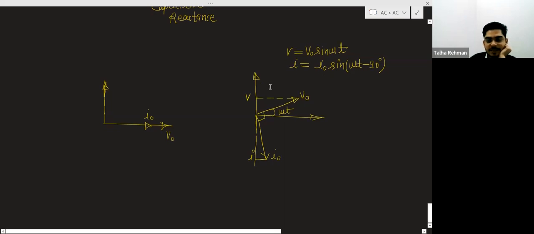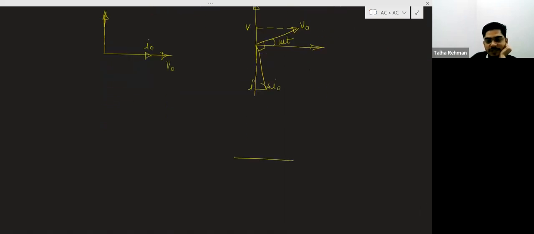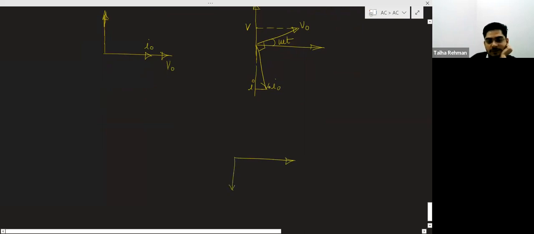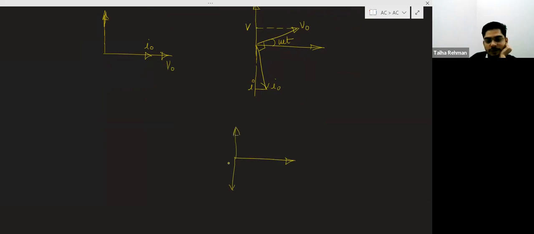For the purely capacitive circuit, what is the condition? Suppose this is your V naught and this is omega t.